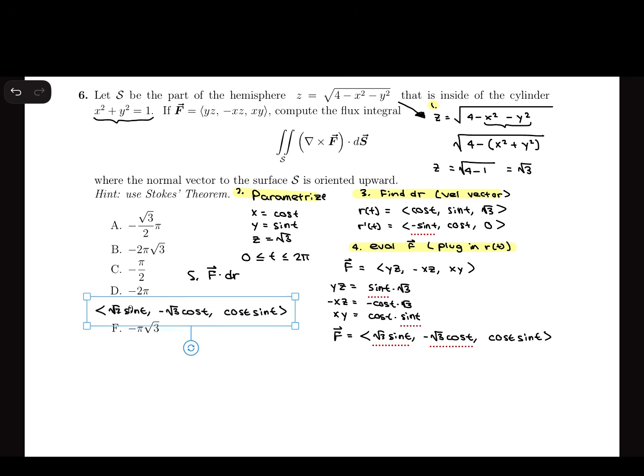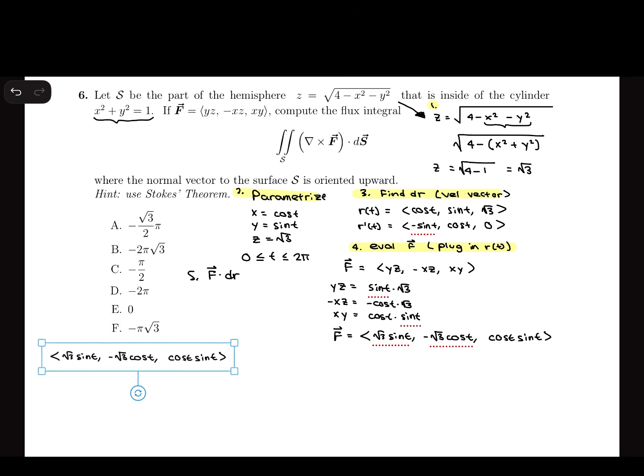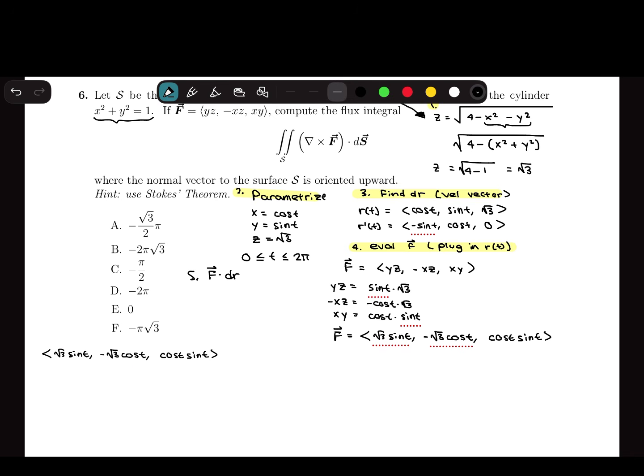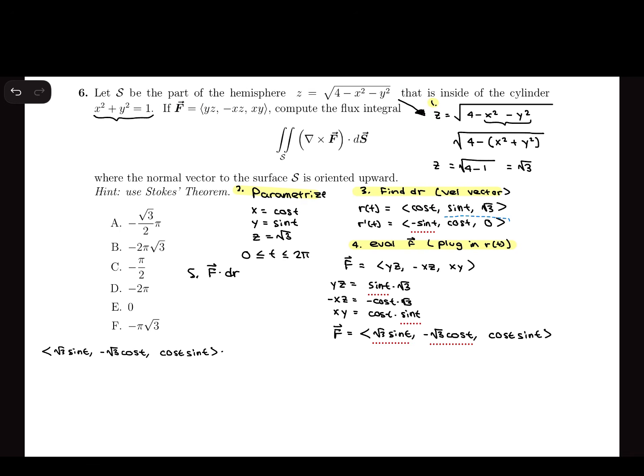This will be this vector. I'm sorry, I'm going to have to make this a bit smaller now. This vector times this vector.